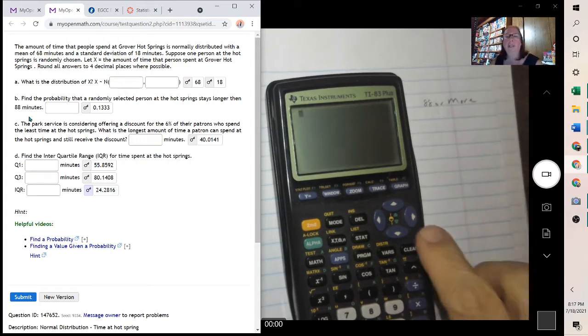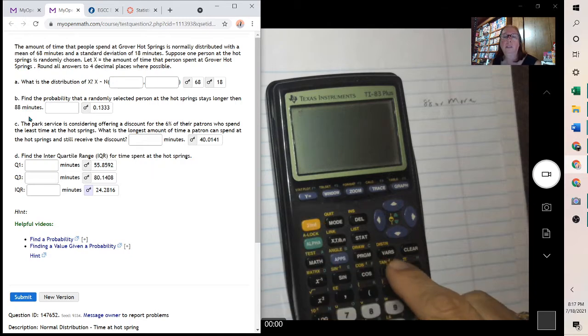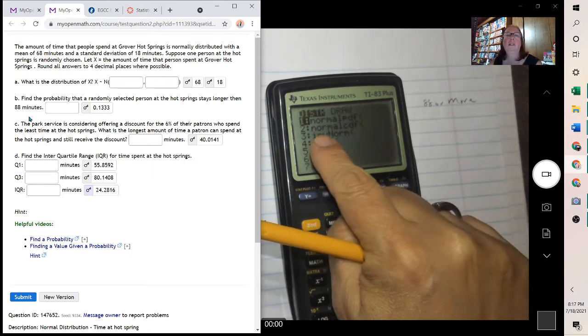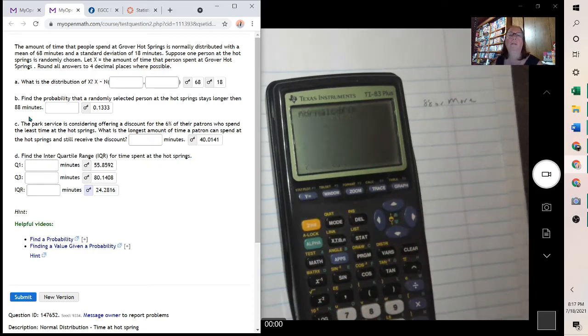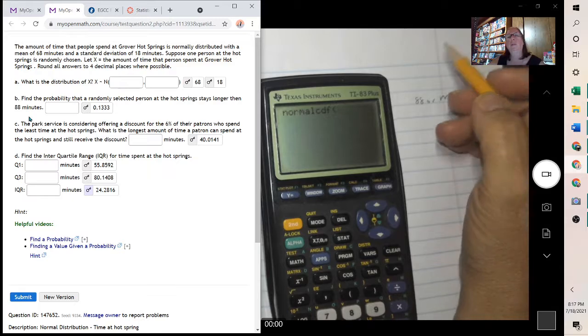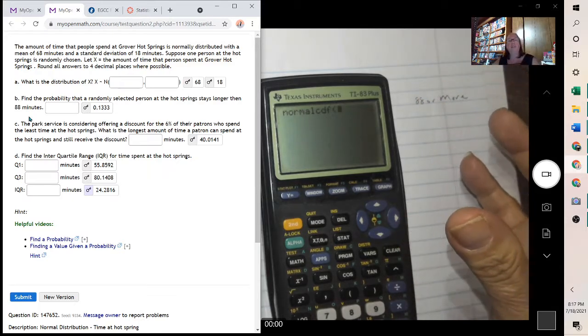Now to find that, it's under distribution, and it's normal CDF. So it's the second one. Now you want to put your range of values.